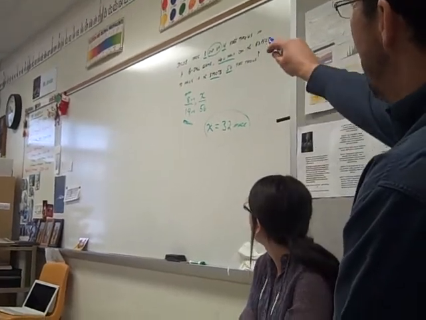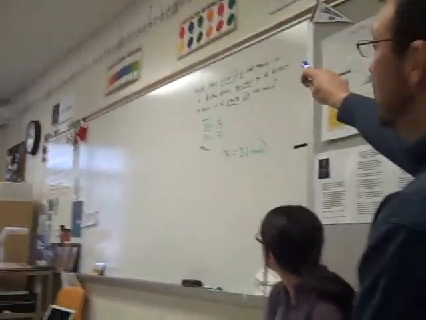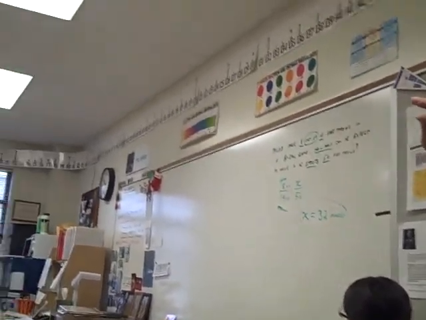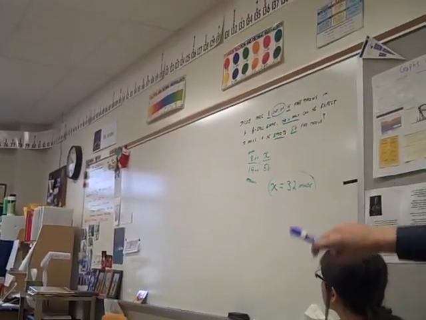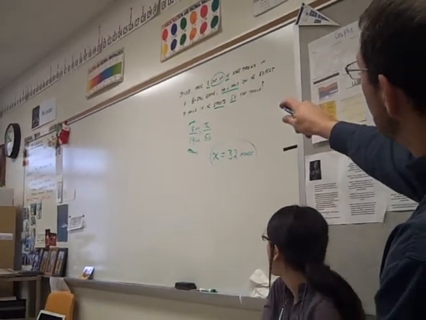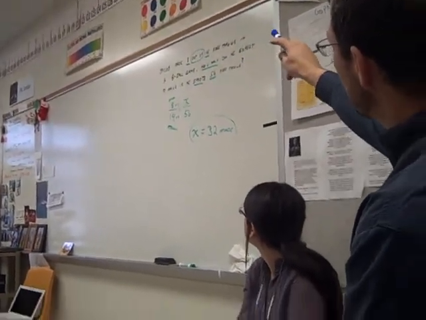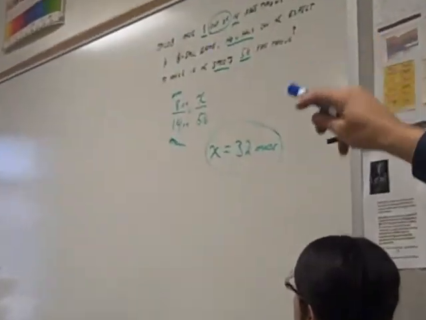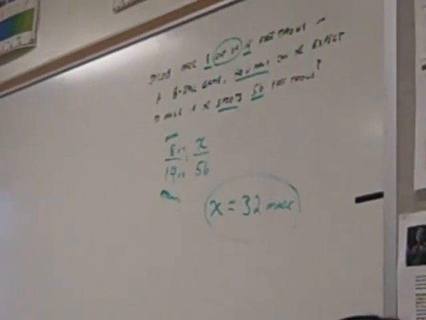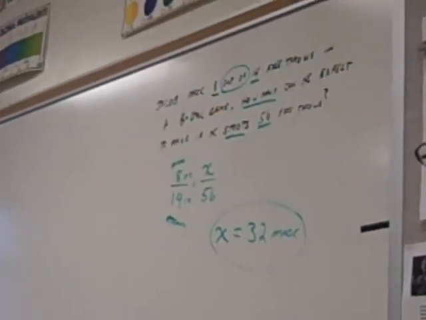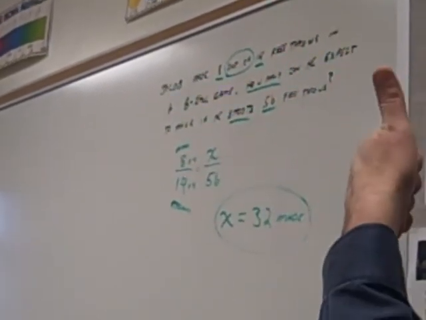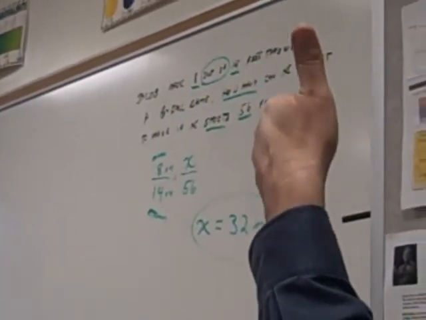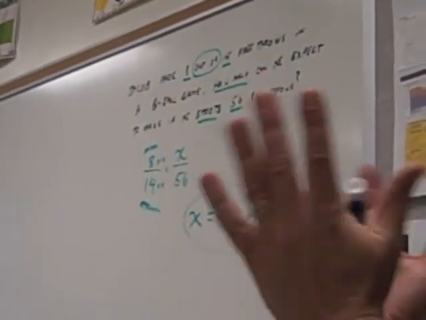I saw out of. That keyed in my mind ratio, meaning a fraction. Then I underlined 8, 14, how many, and 56. That's 3 pieces of information asking for the 4th piece, right? Which also tells me proportion.